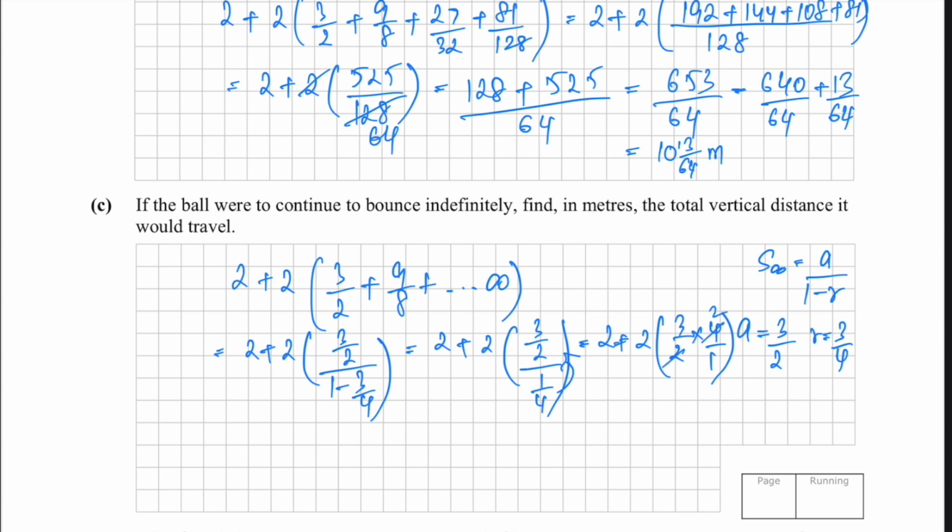You can cancel this 2 and this 2, which will become 2 plus 2 by 3 by 2 is 6, which is 2 plus 12, which will be 14 meters.